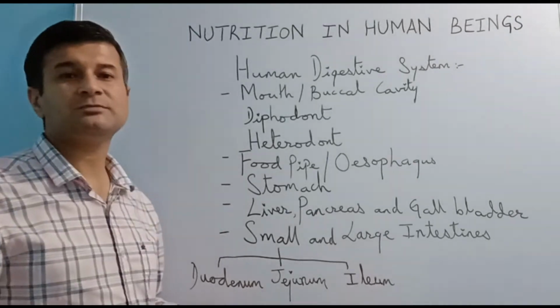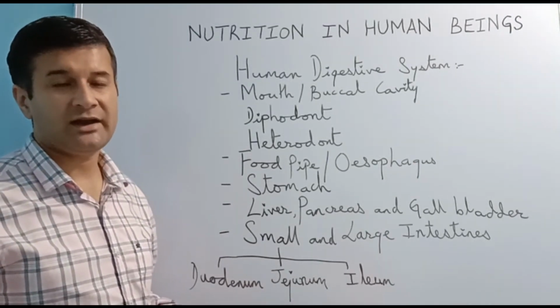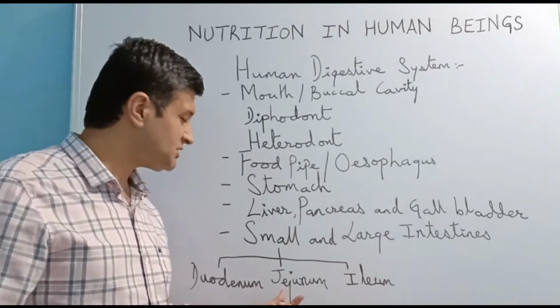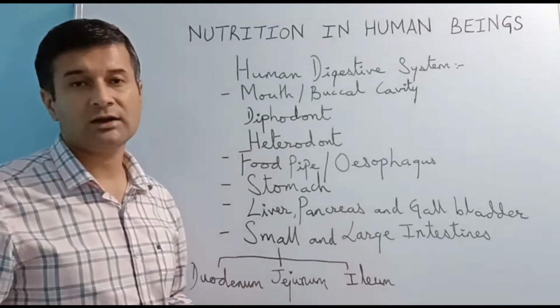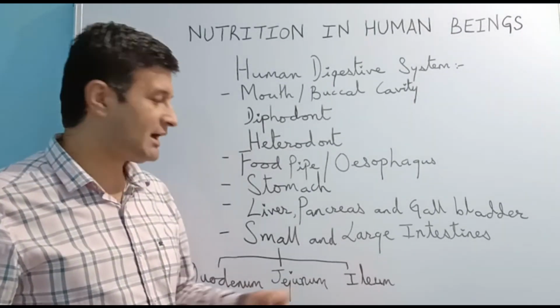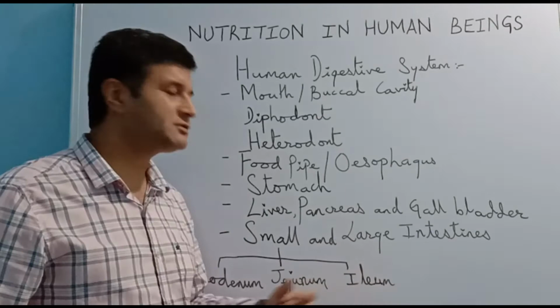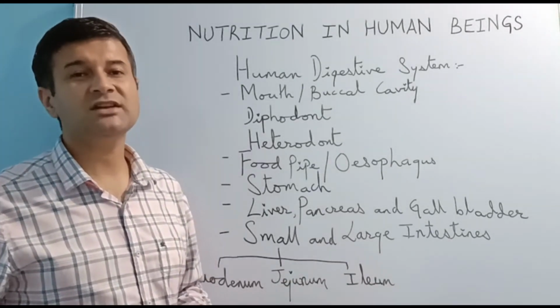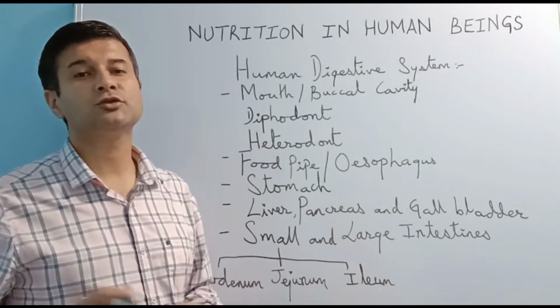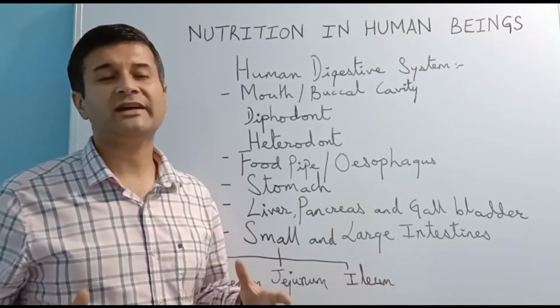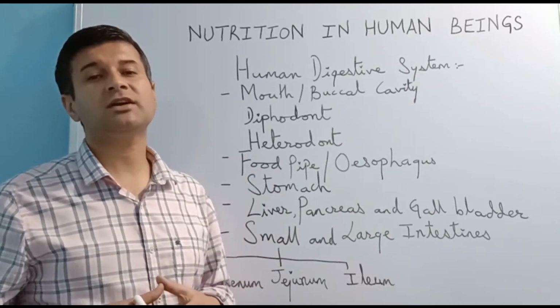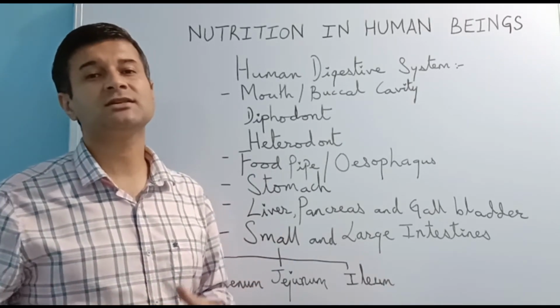The duodenum is the first part of the small intestine and is C-shaped. The jejunum is comparatively longer and more coiled, and the ileum is the last part of the small intestine whose inner surface is folded to form villi. Villi have a network of thin blood capillaries close to the surface.